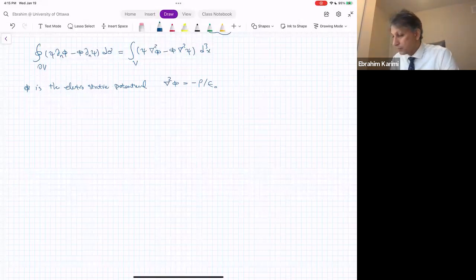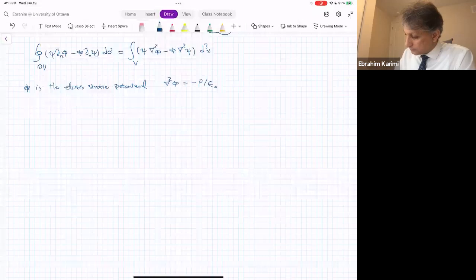Good. And on the other hand, I will assume that psi, I will define it for myself, is 1 divided by the magnitude of x minus x prime. This is a very useful function, by the way. So what is the property of psi? If you assume this, what is the Laplacian of psi?